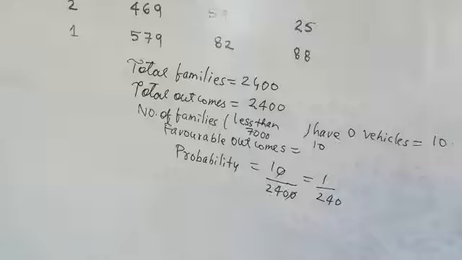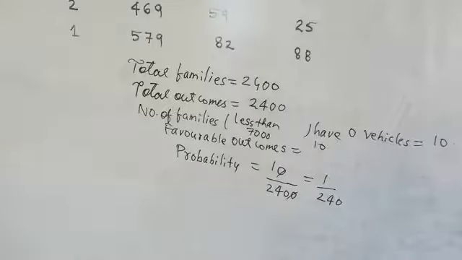Number of families earning more than 13,000 to 16,000 per month and having more than two vehicles. Such families we have to find, which are earning between 13,000 and 16,000 and having more than two vehicles.